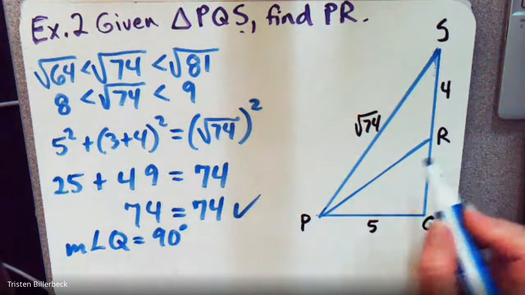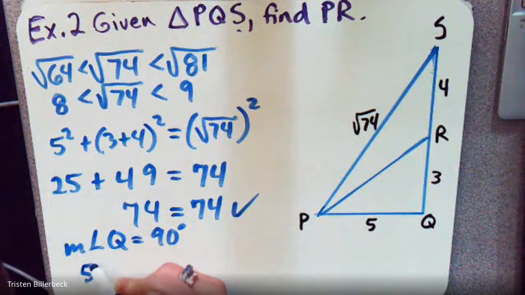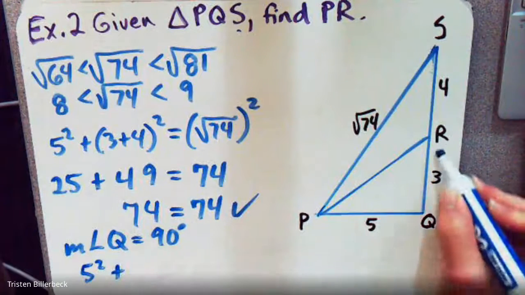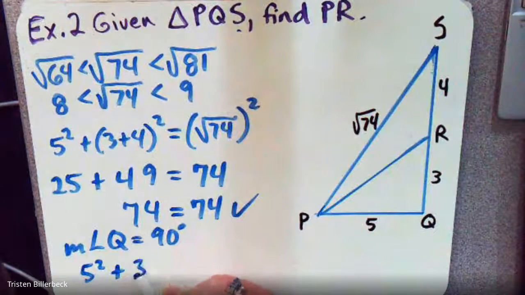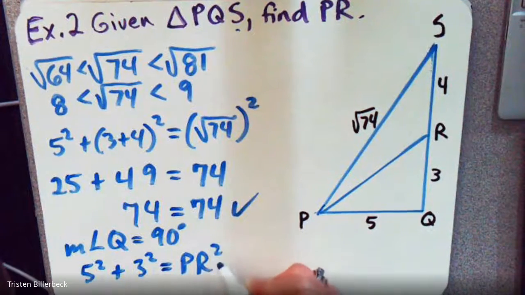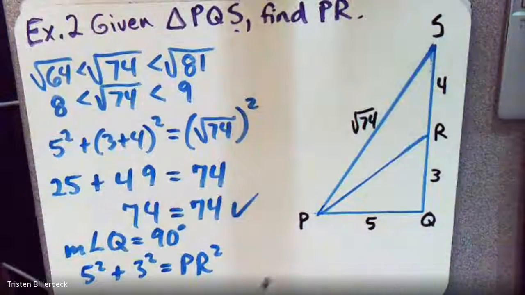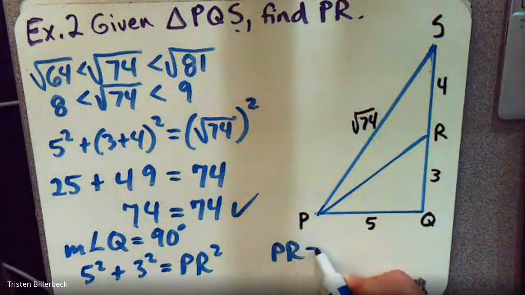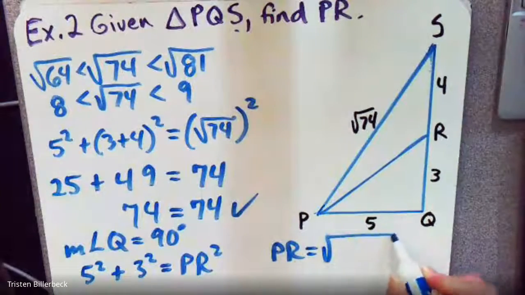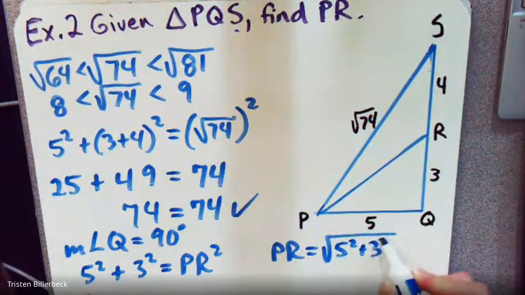So now we can find PR. So we have 5 squared plus this 3 squared should equal PR squared. All right, we can rewrite this as PR equals the square root of 5 squared plus 3 squared.